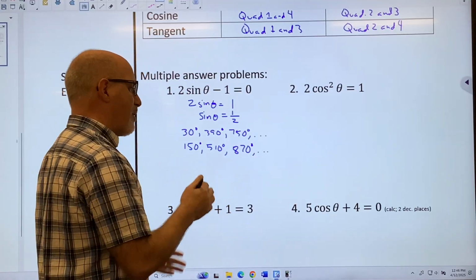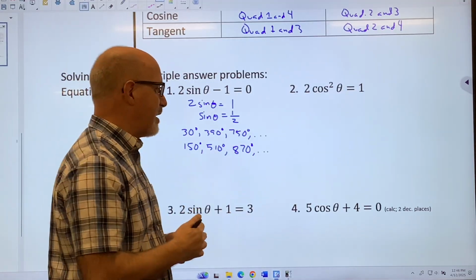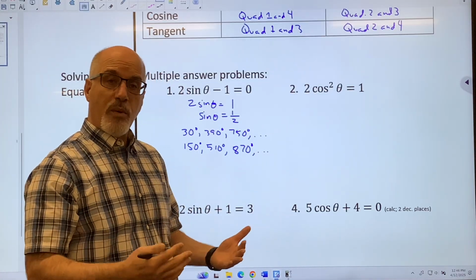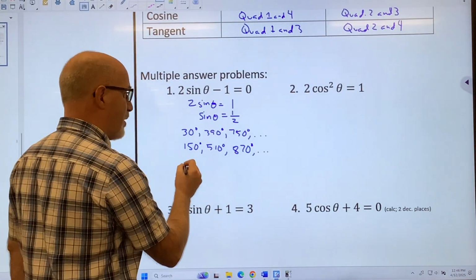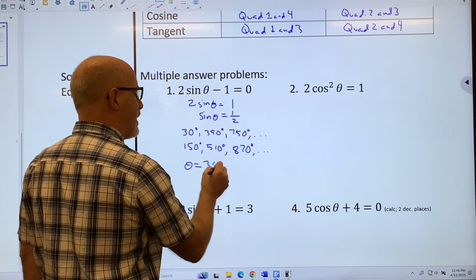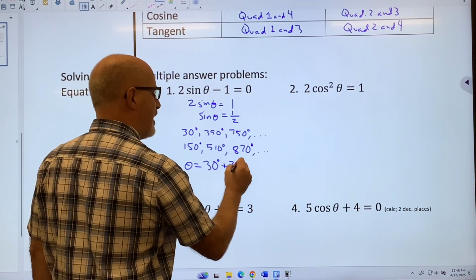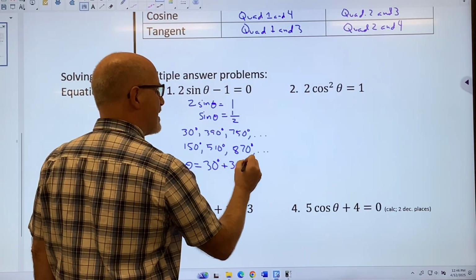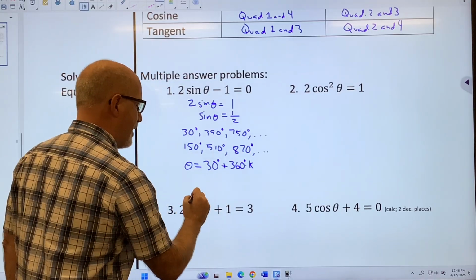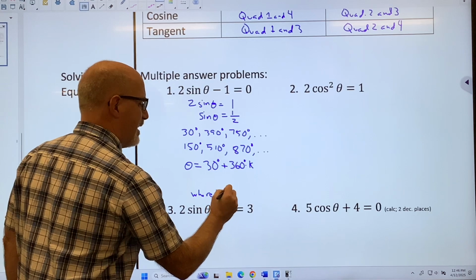So notice that we get an infinite number of answers, both positive and negative, because of this. Well, instead of trying to list all of them, what we can do is list it like a formula. We can say that theta is going to equal this 30 degrees plus 360 degrees times k, where k is an integer.